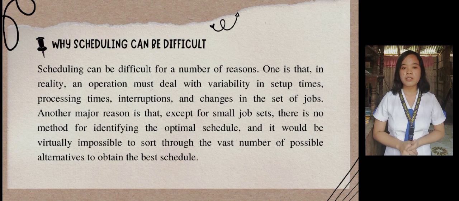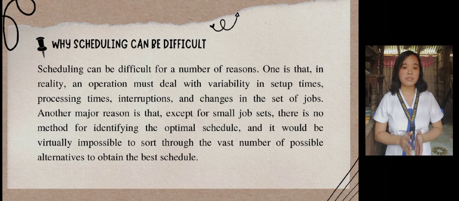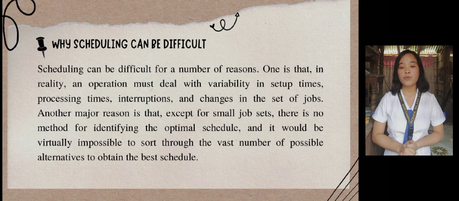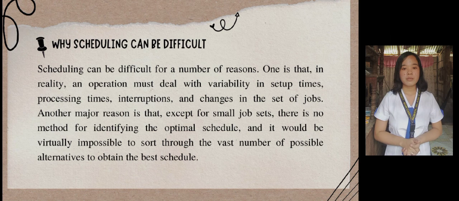Another major reason is that, except for small job sets, there is no method for identifying the optimal schedule, and it would be virtually impossible to sort through the vast number of possible alternatives to obtain the best schedule.